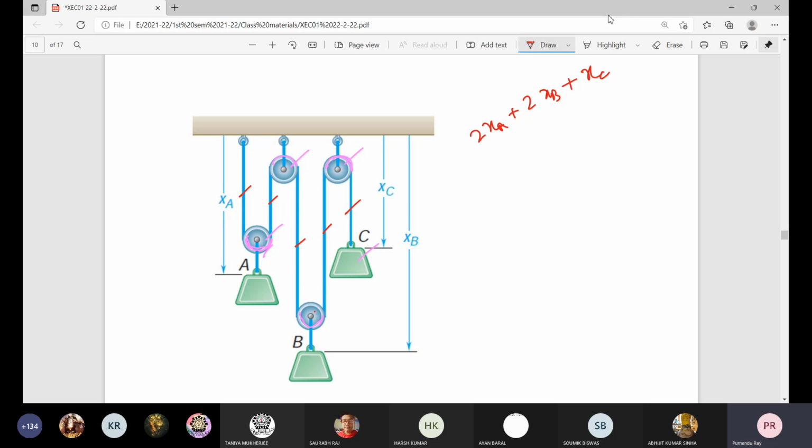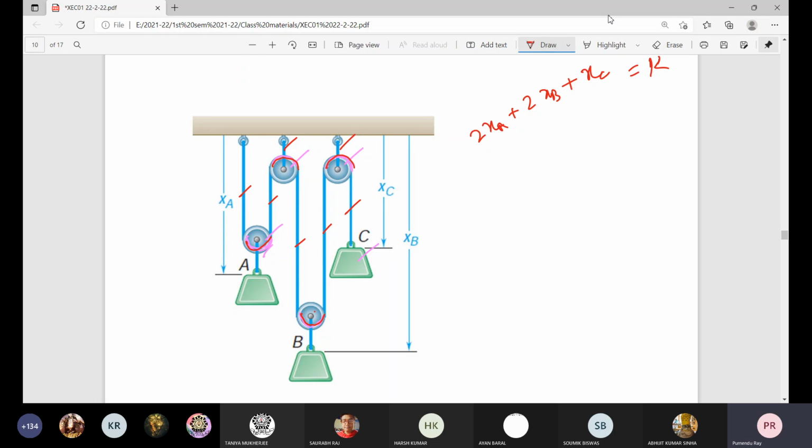When we include this length, subtract this length, add this length, subtract this length, etc., ultimately that is the total length of the string, where the variables are the positions of A, B, and C, and that is equal to a constant, some K.